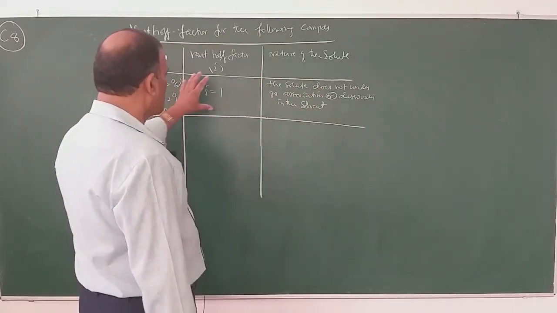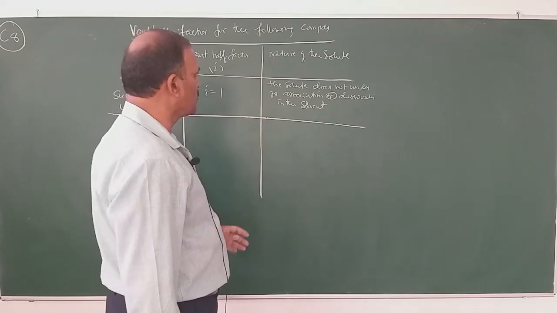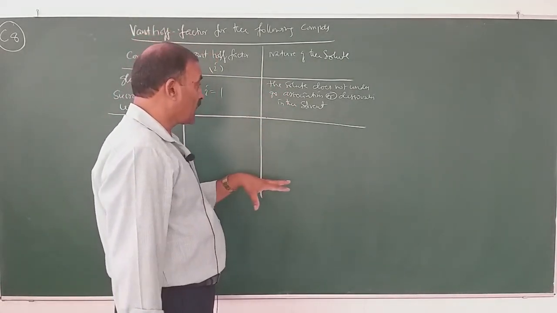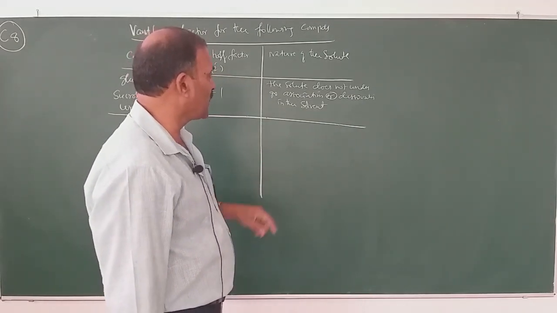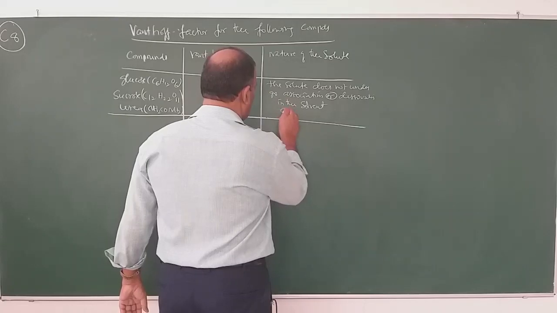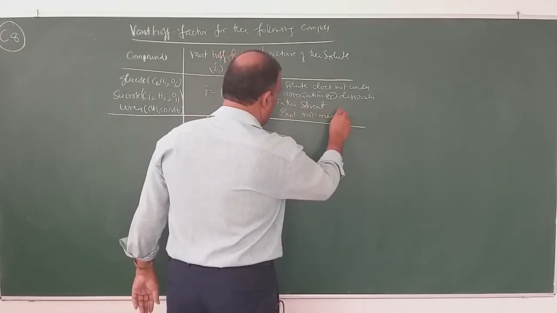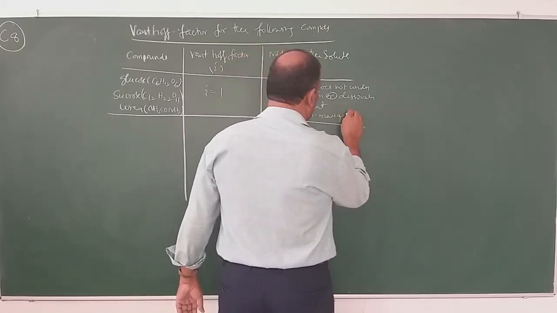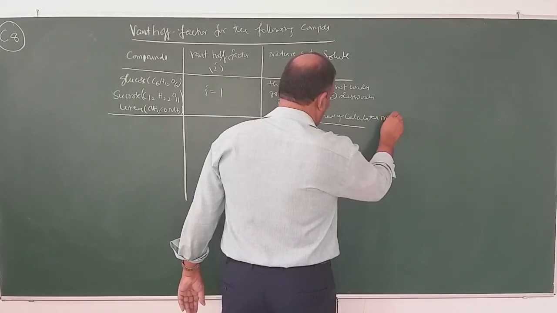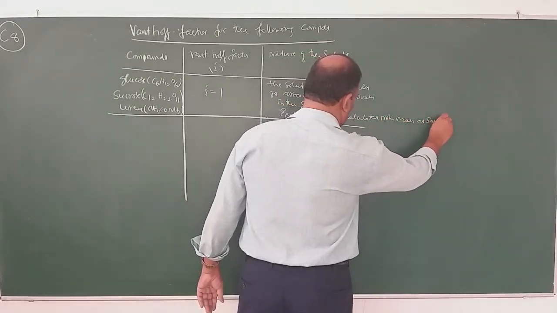So for these solutes which do not undergo association or dissociation in the solvent, the molecular mass calculated and the molecular mass experimentally determined are one and the same. So experimental molecular mass and calculated molecular mass are same.